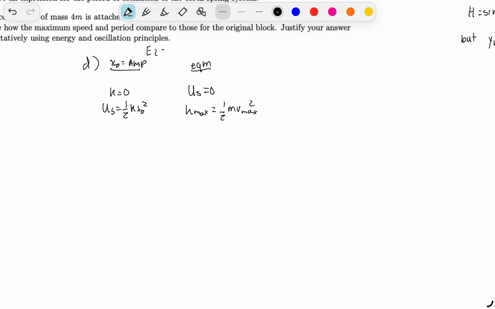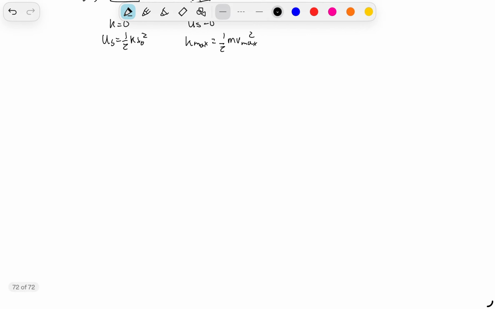So E initial, which we'll define at amplitude position, and then E final is equal to that. You have 1/2 k x naught squared equal to 1/2 m v maximum squared. Cancel out the 1/2, you get k x initial squared equals m v maximum squared. You get v squared maximum equals k x naught squared over m.